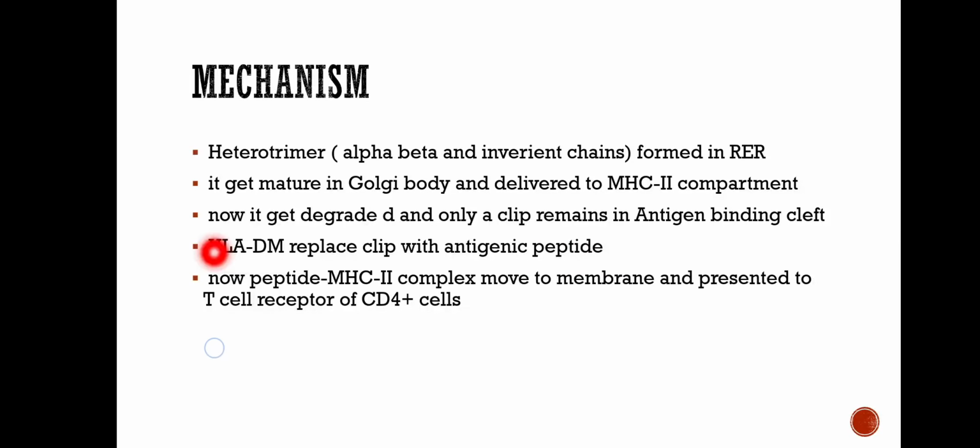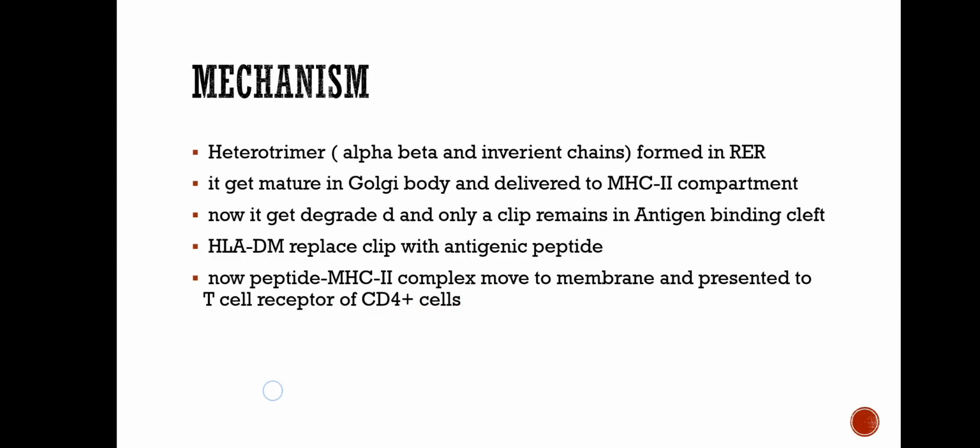Means the HLA-DM removes the CLIP and replaces it with the processed antigenic peptide. Now a complex forms, known as the peptide MHC-II complex, a complex of MHC-II and the antigenic peptide. It moves to the membrane and is presented to the T cell receptor of CD4 plus cells.